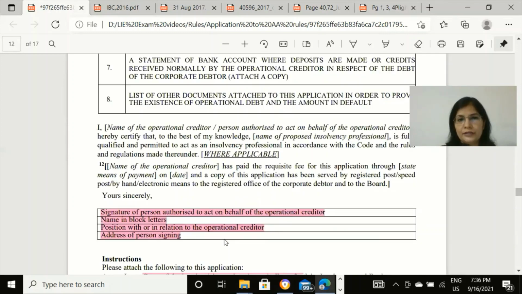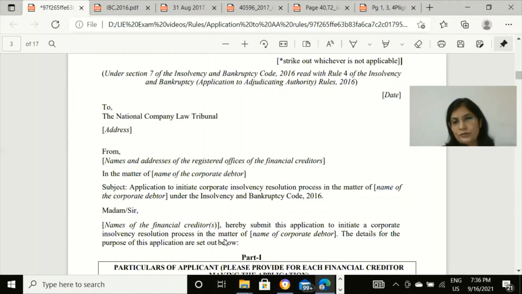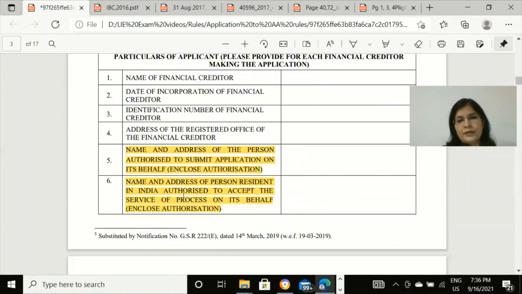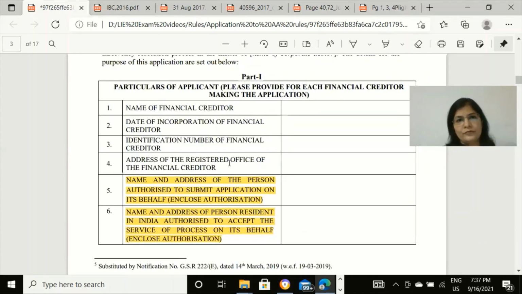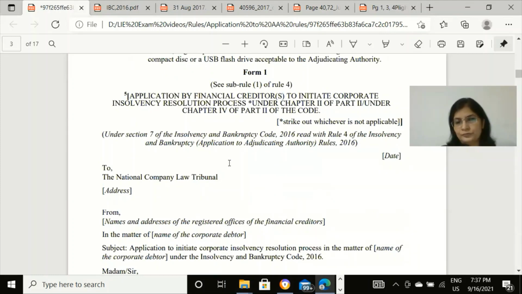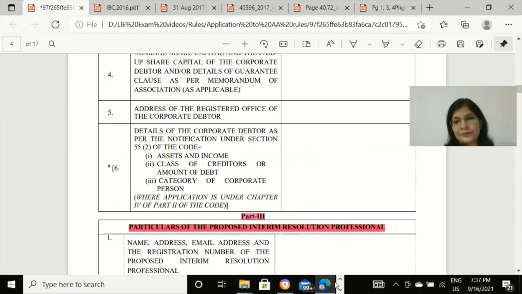And in the forms itself, they have to give who is the person authorized to receive the notice process, as well as the name and address of the person who is authorized to submit the application on its behalf when the application is being filed, in Form 1 also. So in every case, the form can be filed by an authorized representative or a lawyer also.